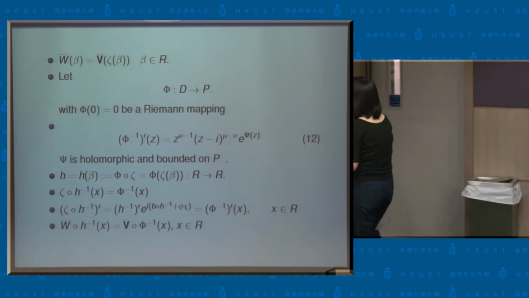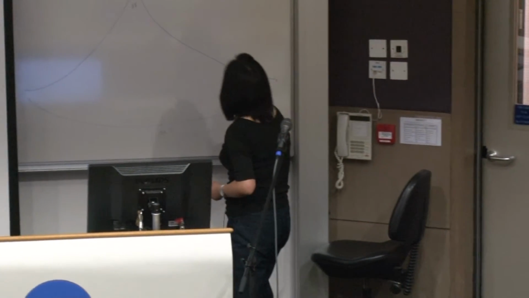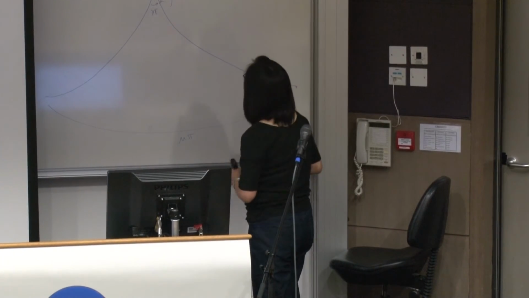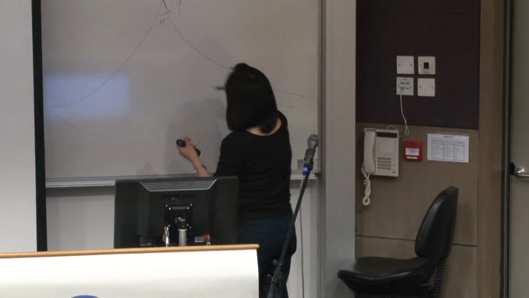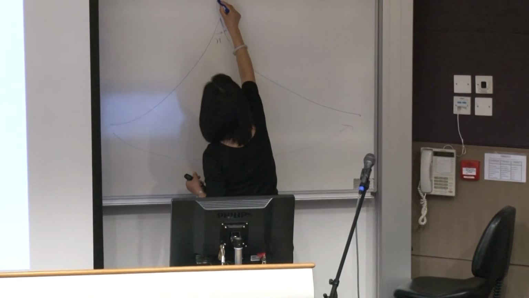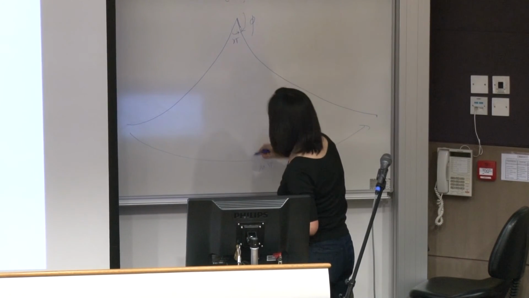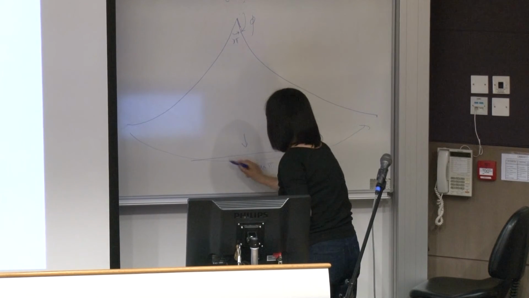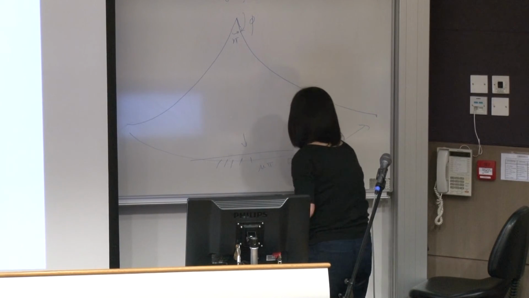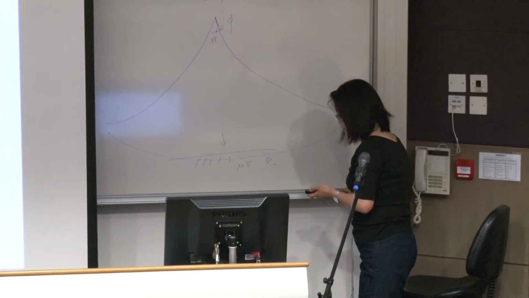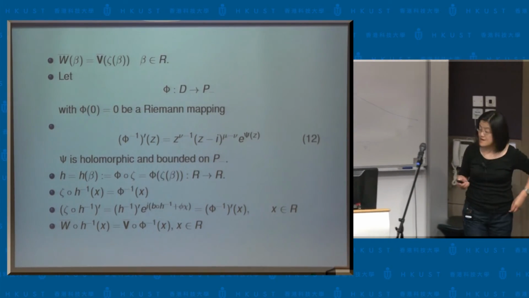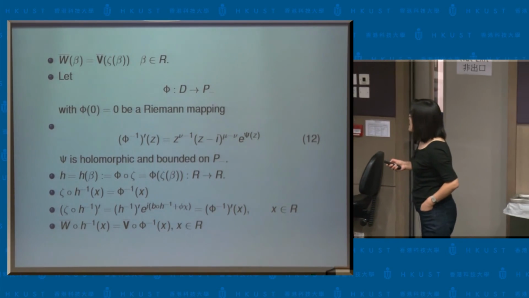So this is the lower half plane, and this is a conformal mapping from this fluid domain to the lower half plane. The lower half plane is like P minus. So now of course, we can write down the Riemann mapping, right?